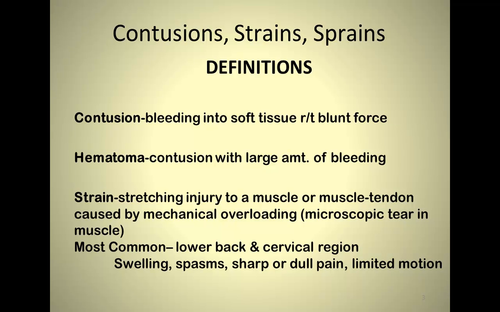Think about Starling's law. If you don't remember, go back and review it. When you overstretch something, it may not go back to its original shape, and you can end up with chronic problems.